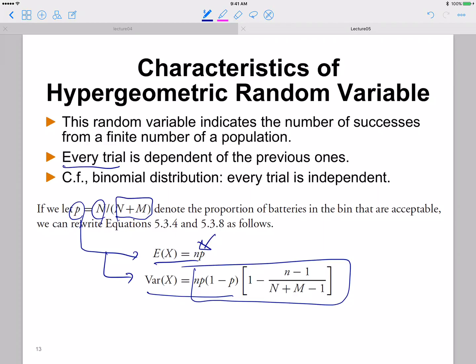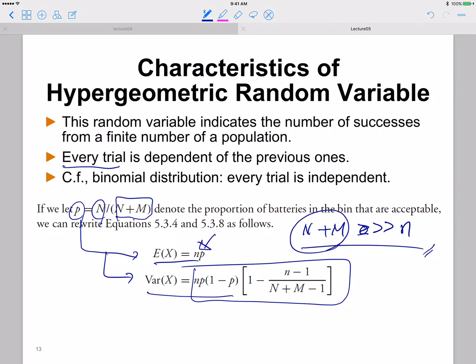So it's a little bit tricky to prove, but let's try to understand this one has some similarities with the binomial random variable. In the case of the binomial random variable, the only difference is whether we do the trials with or without replacement. So in this case, if n plus m is really larger than the number of samples or number of trials, whether doing the trials without or with replacement will not affect much, right?